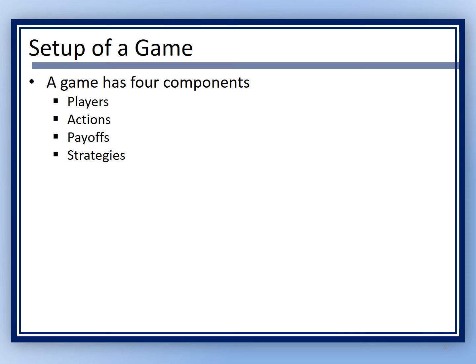Finally, given the players you are playing with, the actions you can take, and the payoff you're facing, you make a decision. What to do? That's the strategy. Each player formulates their own strategy, so you have strategies in the game, and our objective is to solve for the strategies.